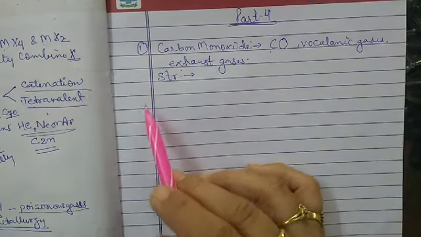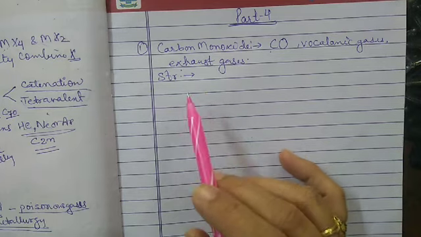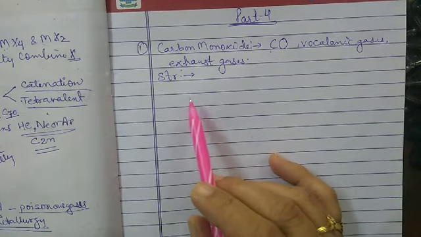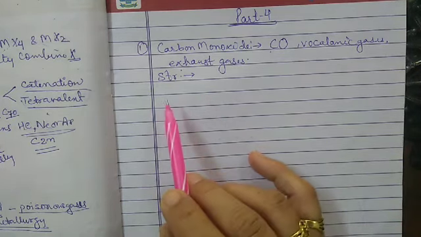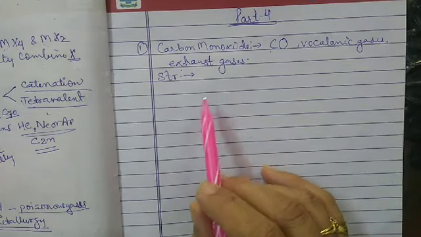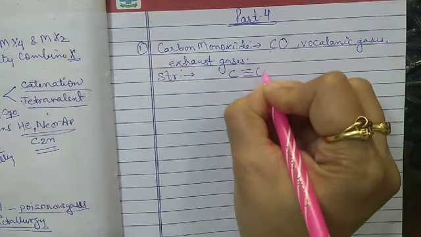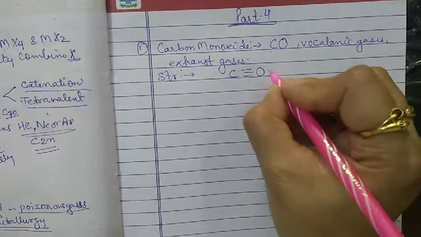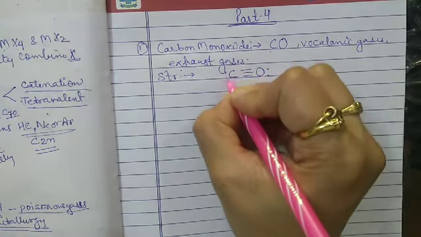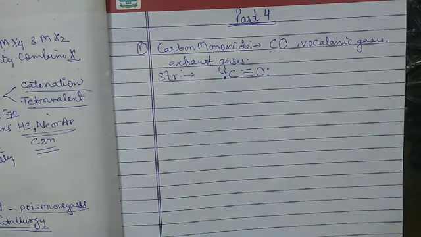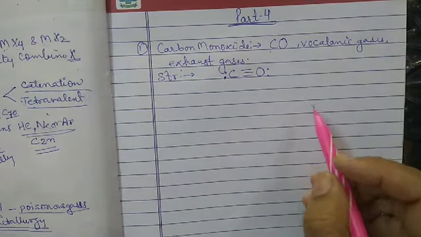The molecule has one sigma and two pi bonds between the carbon and the oxygen atom. So its structure is C triple bond O, and these are the lone pair of electrons.